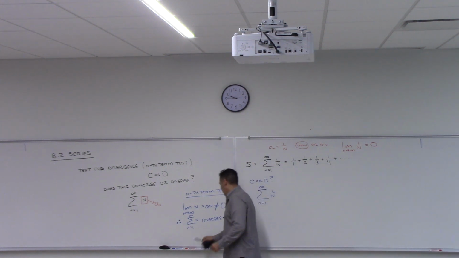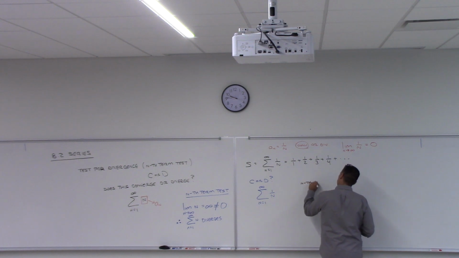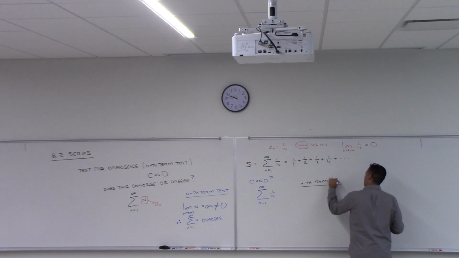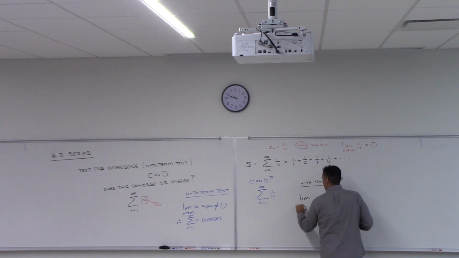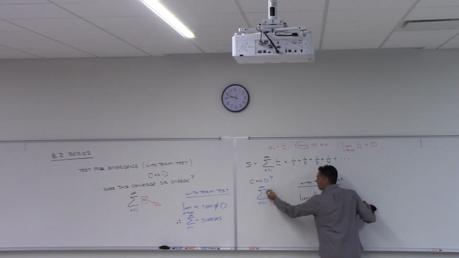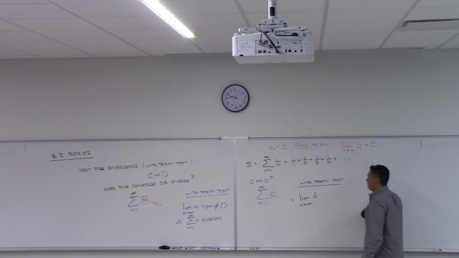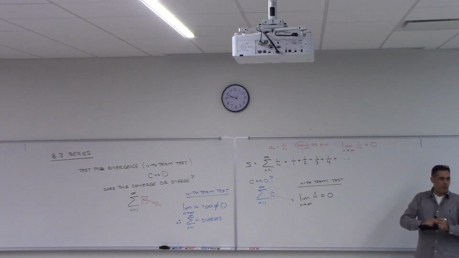Nth term. I'm going to take the limit as n goes to infinity of 1 over n, right? I'm taking the formula in here and I'm taking its limit. And what does that go to? That goes to 0. Okay, very important step right now.